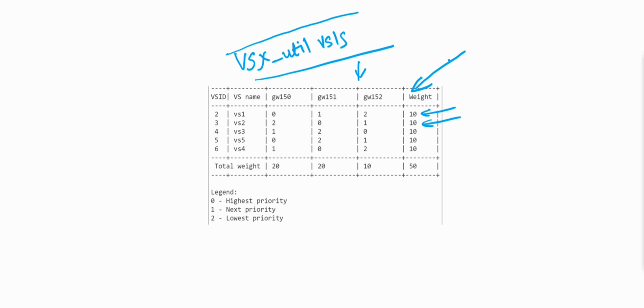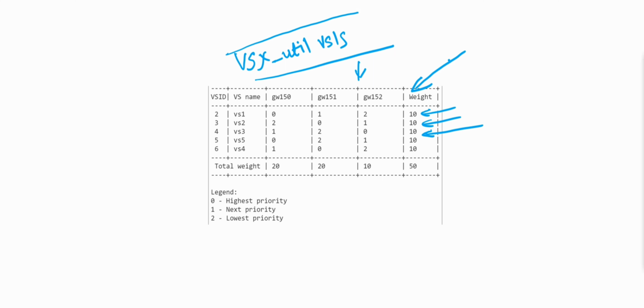But when you want a particular virtual system to have a higher weight and handle more traffic load, you can assign weight to individual virtual systems. So this weight you are seeing now, 10 10 10, you can modify depending on your requirements.